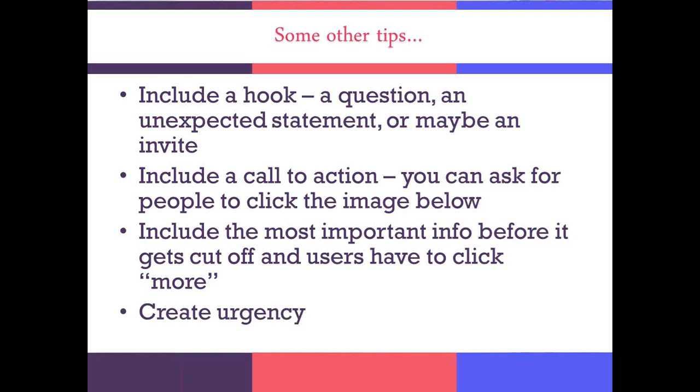By this I mean include a little something like seats are limited, or if it's a webinar, limited seats available, or only a few spots left, or registration closing today. Even if you can't do it initially, try to do it at some point as the deadline comes up, or try to figure out some way to create urgency, because I guarantee that the second you do that, you'll see a spike in the number of people who are clicking.